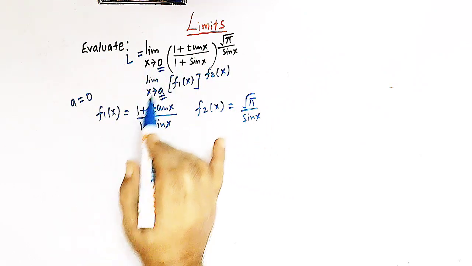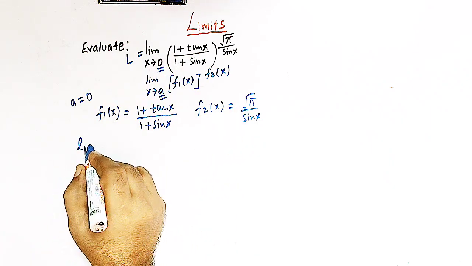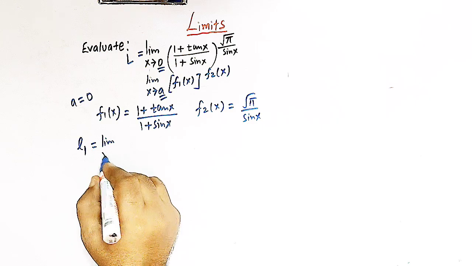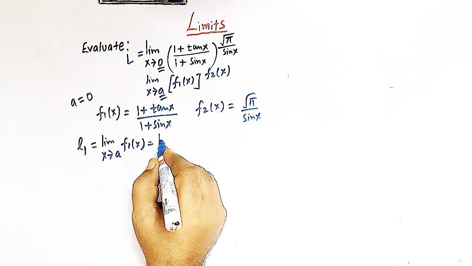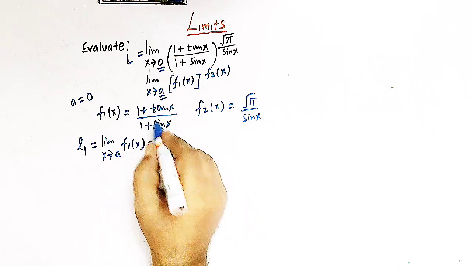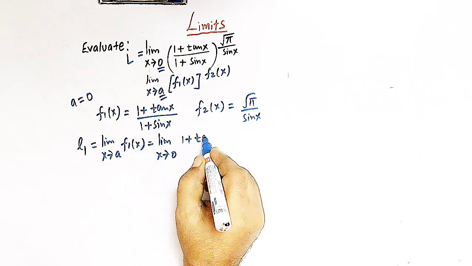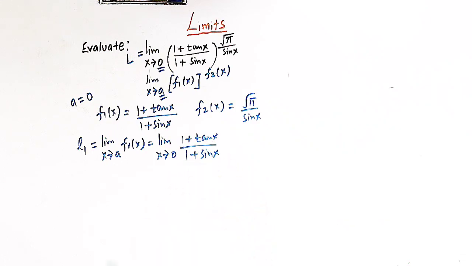So let us call this limit as L, and here let us first find L1, that is limit x tends to a f1(x). So we have limit x tends to 0, and for f1(x) we have 1 plus tan x divided by 1 plus sin x.